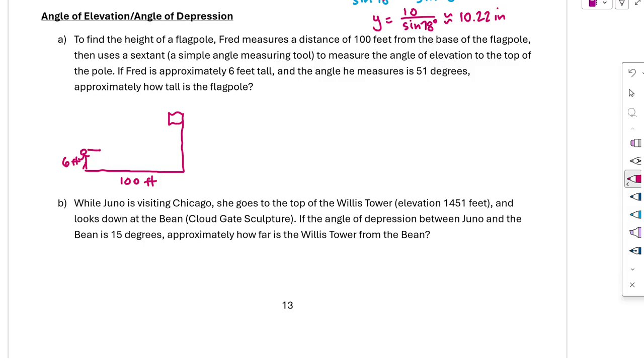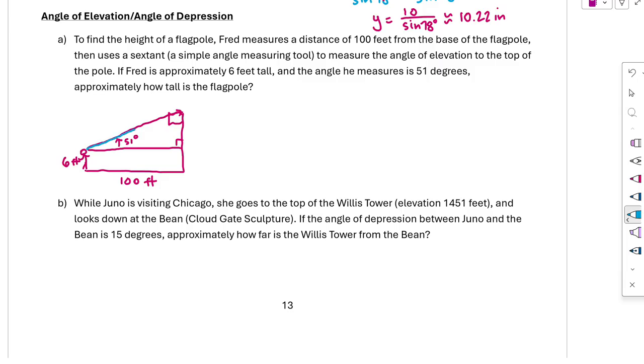So for angle of elevation, you're going to look horizontally, just like you normally look, and then elevate means to look up. So you're going to look up to the top of the flagpole, and this angle that he measured was 51 degrees. The triangle that we made is actually up in the air because of Fred's height of 6 feet.